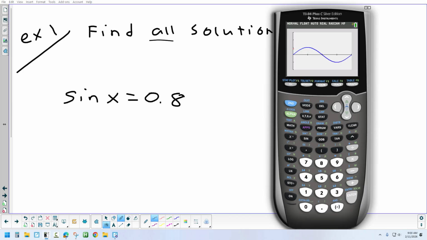And Craig, what do I do now that I've graphed it? Find when the line, when the sin of x touches 0.8. Yep, and how would we do that on here? I believe it's trace. So okay, I can press trace.